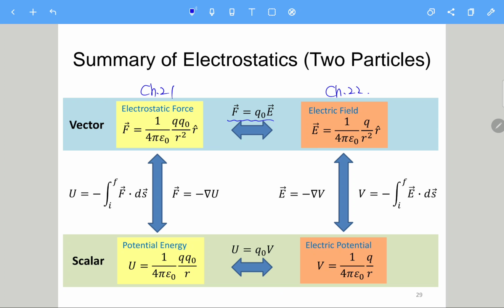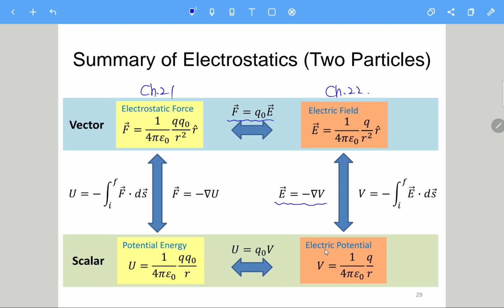By taking the gradient operation, and of course with a minus sign, we can get the electric potential. Or in the other direction, we can use the line integral to obtain the electric potential first, and then we can go back to get the electric field.